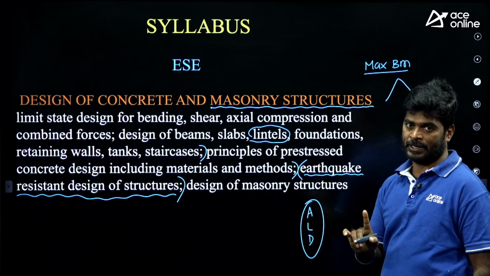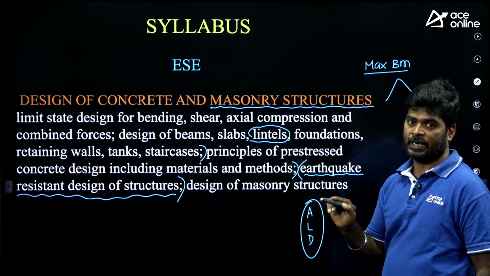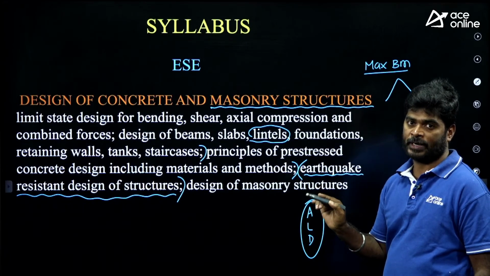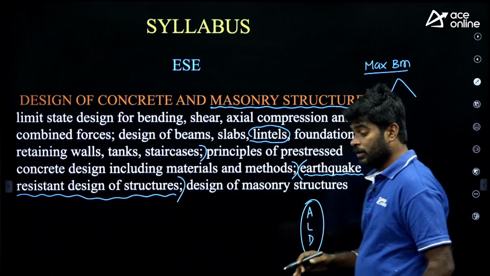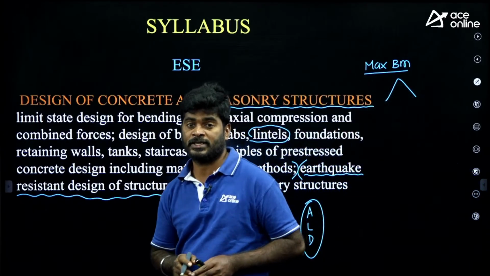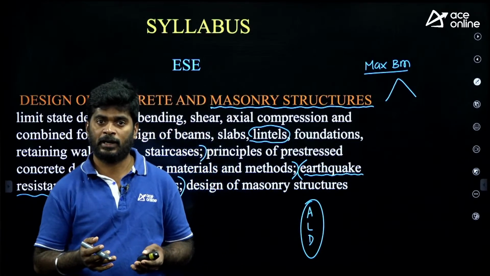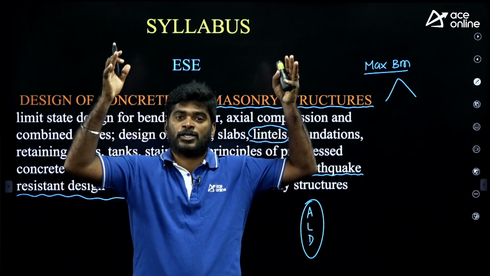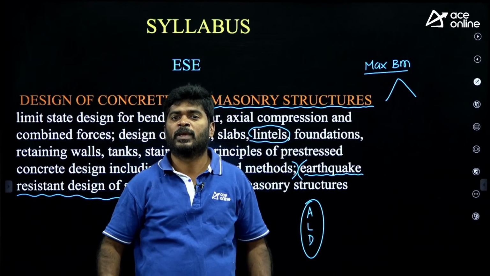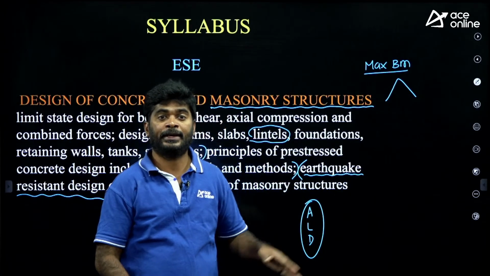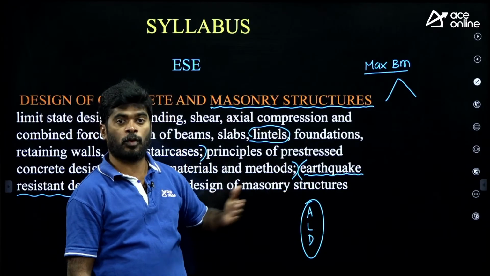One condition is there: capital H is greater than or equal to 1.25 times small h. Then arch action is possible. Means the distribution of load from the masonry wall above the lintel, how it will transfer. Is the whole weight above the lintel transferred or only a triangular loading? That depends on the height of the masonry, and also the opening.